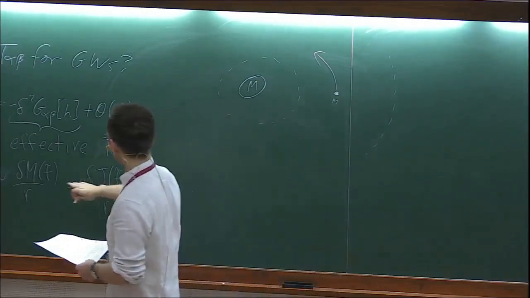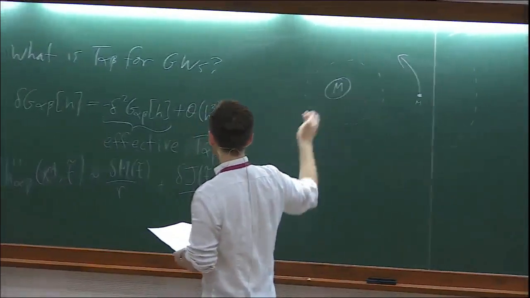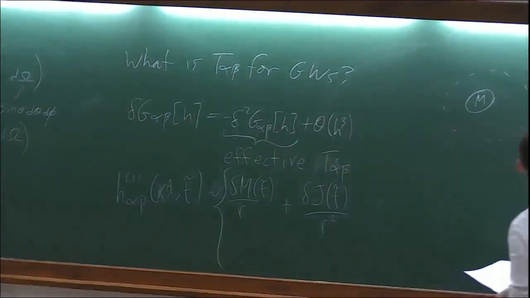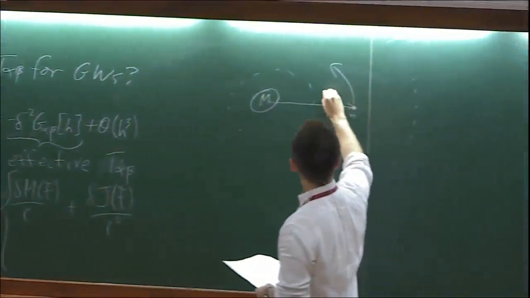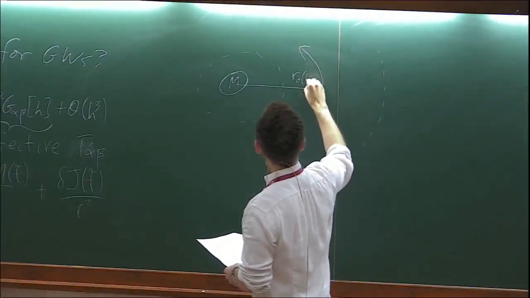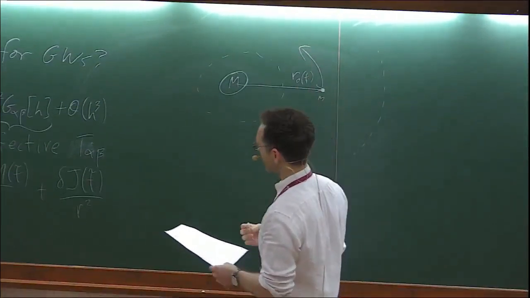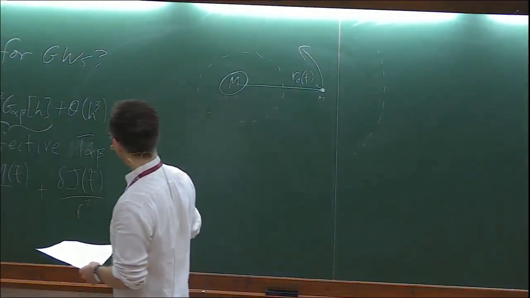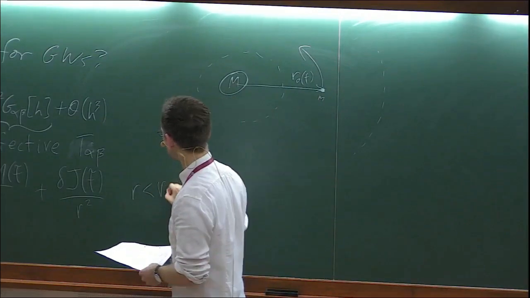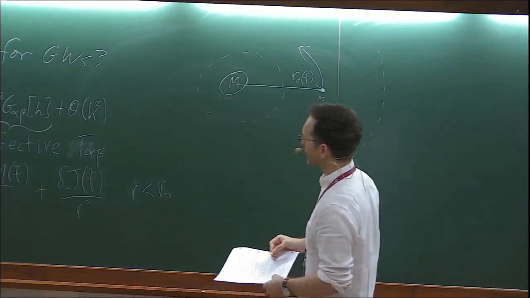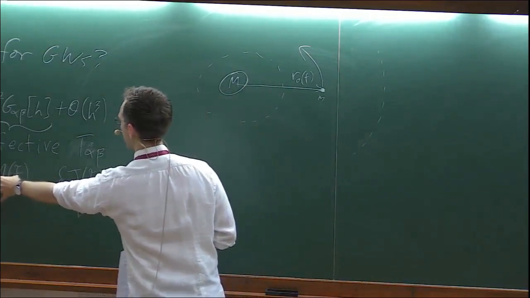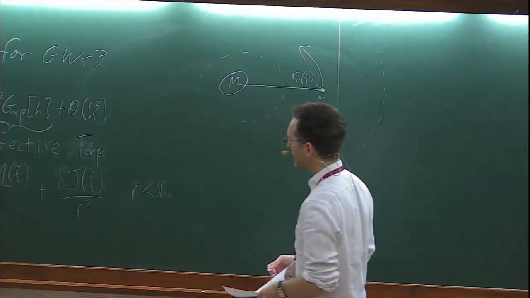So let's say in this region, say this is at a radius r0, time-dependent radius, so this is moving around, maybe it's an eccentric orbit. But at radii smaller than that radius, you're going to be able to measure corrections to the big black hole's mass and corrections to the big black hole's spin.